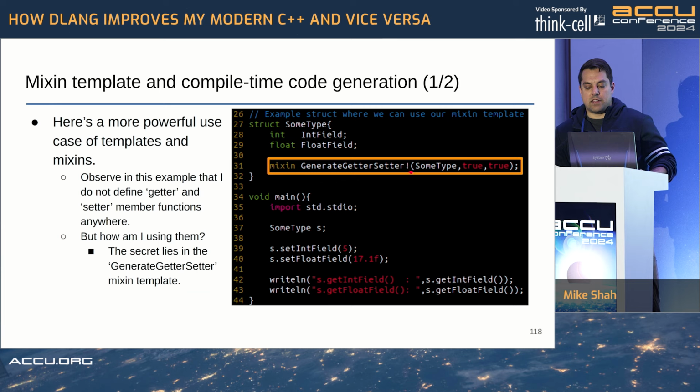And I've also templated that function on some type. And then I'll pass in true and true. Okay, so I've added in some parameters here. But what we want to know about this, or what we've seen from mixins, is it's just a way to paste in some code here. Generate getter or setter is going to, again, use this traits library to look at all the fields of this struct and just generate the int field and float field, getter and setter functions.